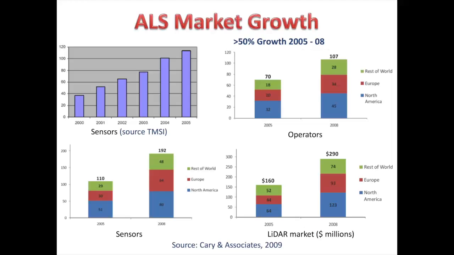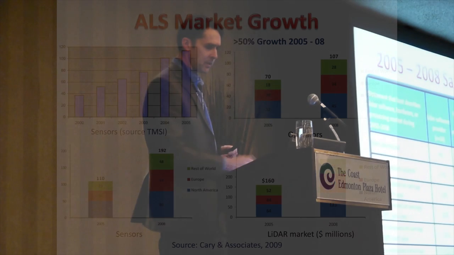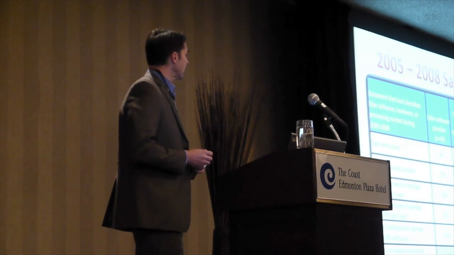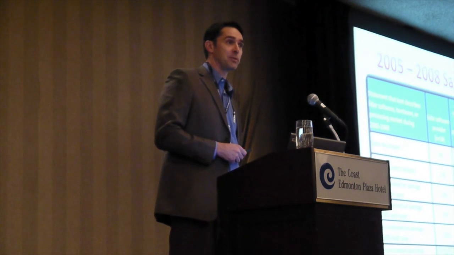So what we can see is by 2008 we were spending about $300 million per year on LiDAR. Right now it's around about $500 million per year. That's just on basic acquisition. So all of those indications suggest there's around about 50% growth over 3 years.